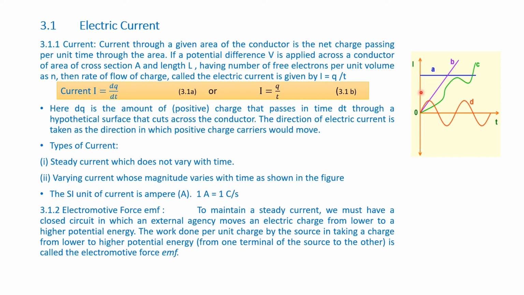Normally, current flows when a battery is connected through a circuit. We will study in detail in our next slides. So please remember, current is given by I is equal to dq by dt, or in steady state, I is equal to q by t.